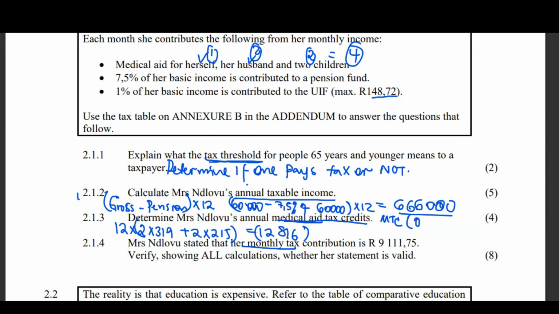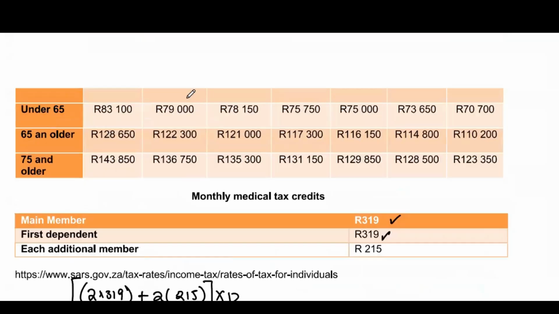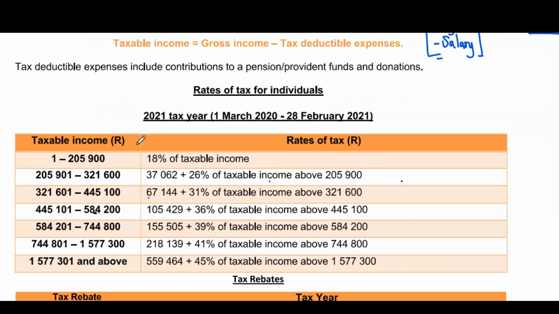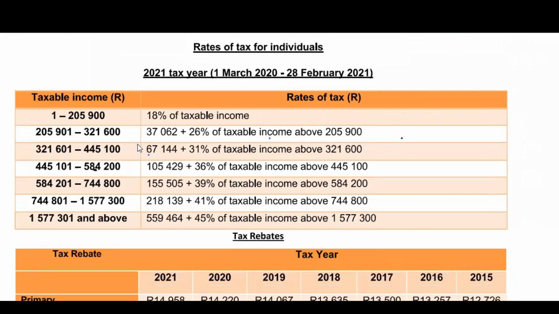Verify showing all calculations. Now, we know the taxable income, but which bracket does it belong to? We shall come to the tables here. 666,000 is in bracket number 5.